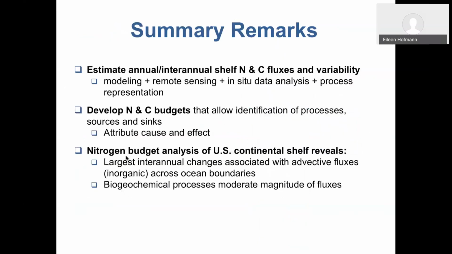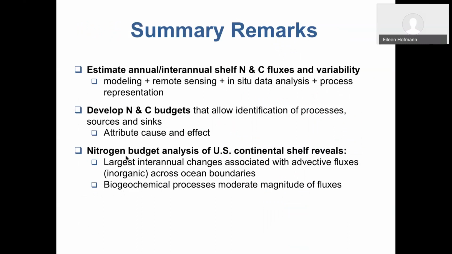So, some summary remarks. We know how to estimate the annual and interannual shelf nitrogen and carbon fluxes and variability. We know that we need modeling, remote sensing, in situ data analysis, and process representation. I think we know this one fairly well, at least what we need to do.